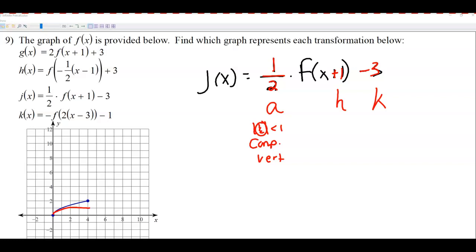Alondra, any other transformations that your group discovered there? Translate left, and the K translates correct. So this graph is going to get shifted to the left and down.